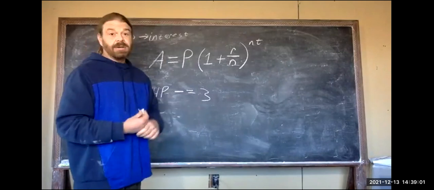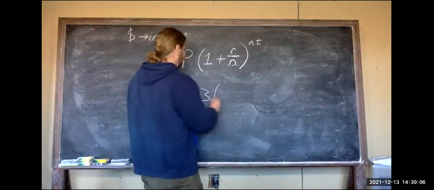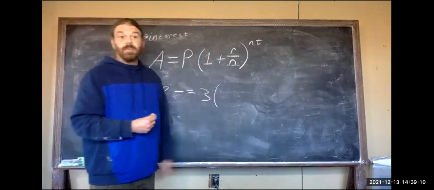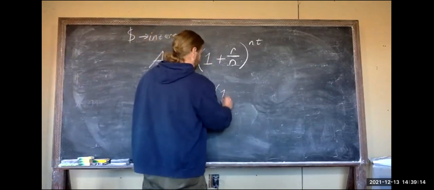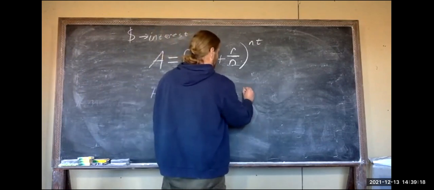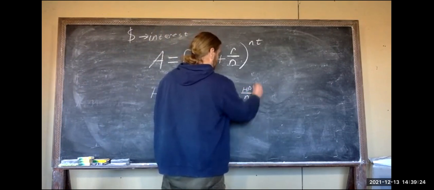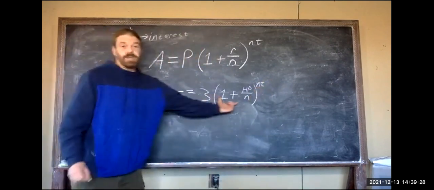So instead of hit points going down by the same every time, it goes down by some value that kind of compounds. It's down by 3 and then 1 plus our current hit points divided by n raised to some exponent. And just apply this formula.